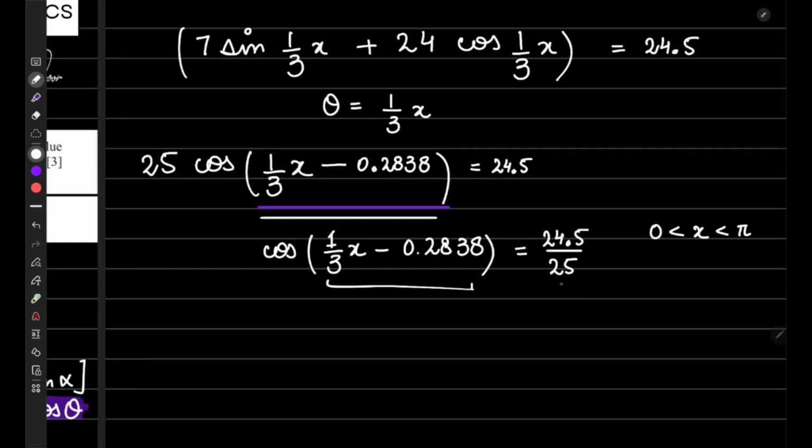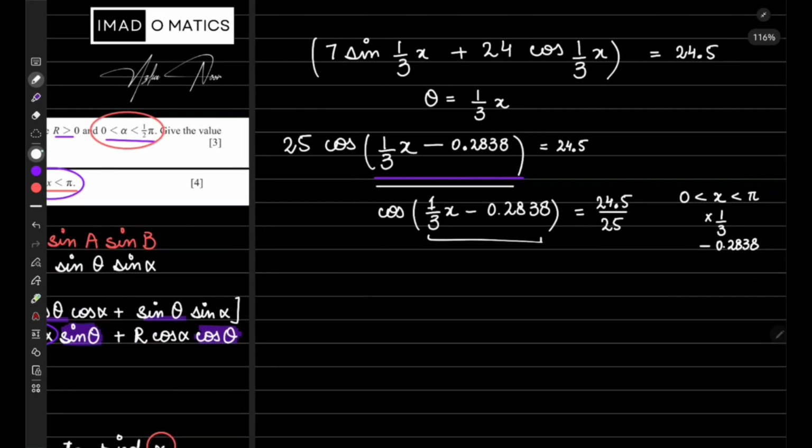So you cannot do cos inverse. First you need to multiply by 1 over 3 and then subtract 0.2838. Although you can sometimes get the correct answer otherwise, this is the standard way of doing it, so you should be doing it.